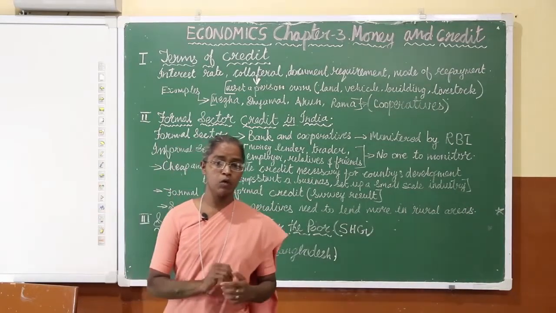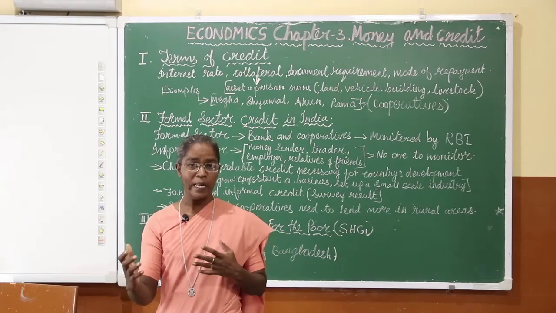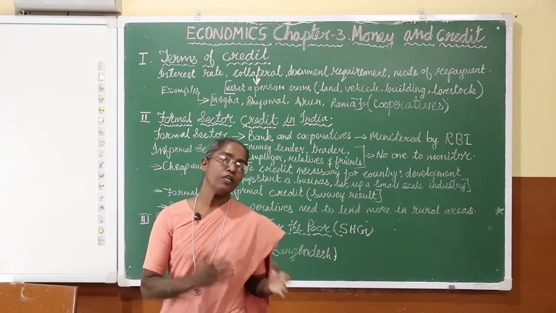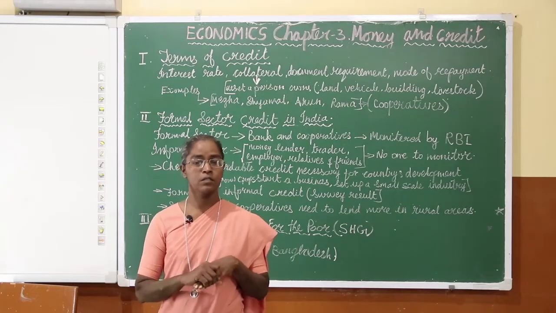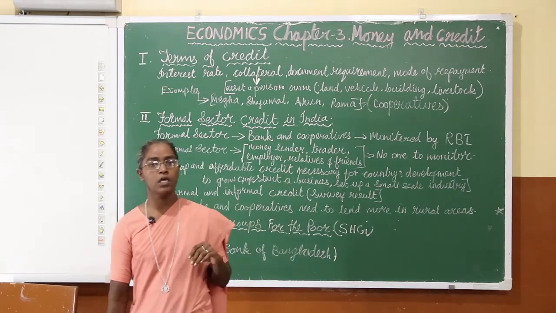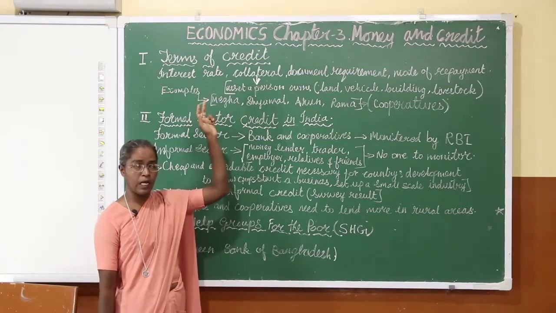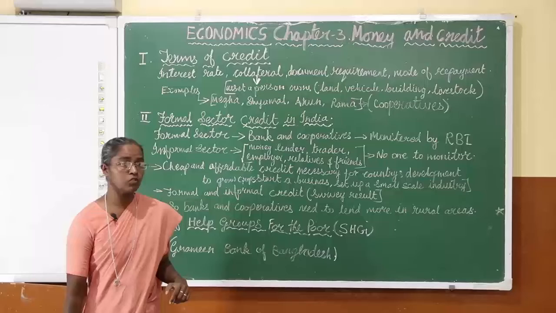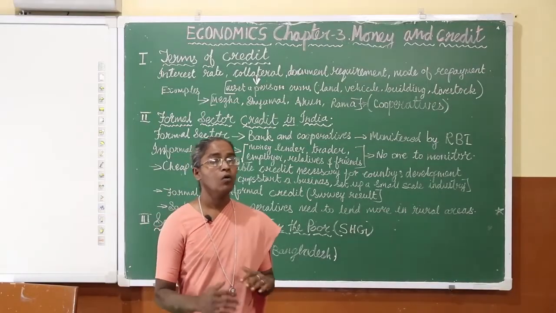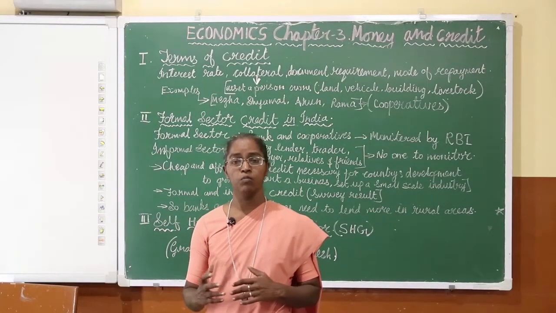Now if you go to take money from any lender, they will not lend you simply. They will ask you to abide by some terms. So these are the terms when we go to the bank to take money as a credit or as a loan. When we speak about interest rate, say you are taking a 50,000 credit from the bank.